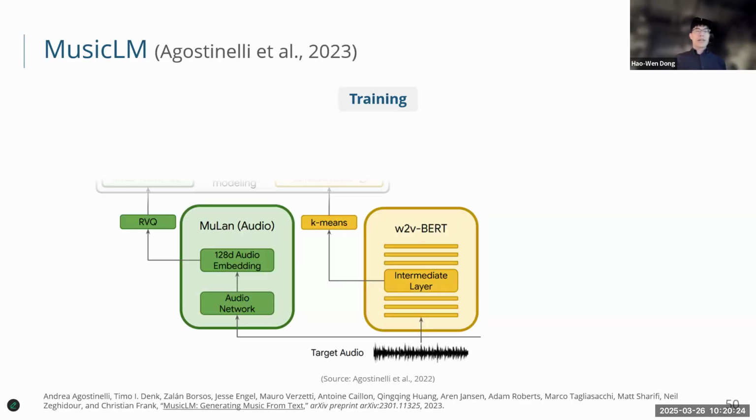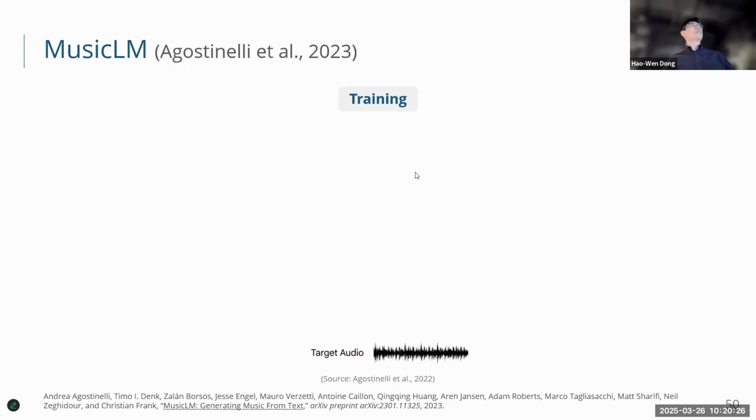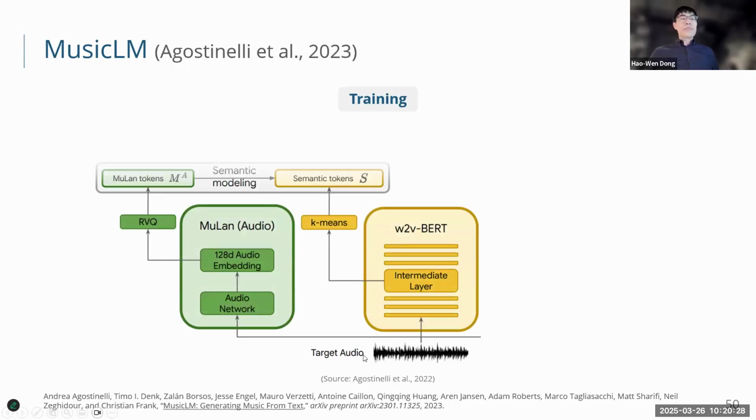So for MusicLM, how it works is that you grab a bunch of audio, and first you go through this MuLan audio encoder. So you get these MuLan tokens from the audio purely. You don't have the text in this case. And then you generate a more detailed version of it.